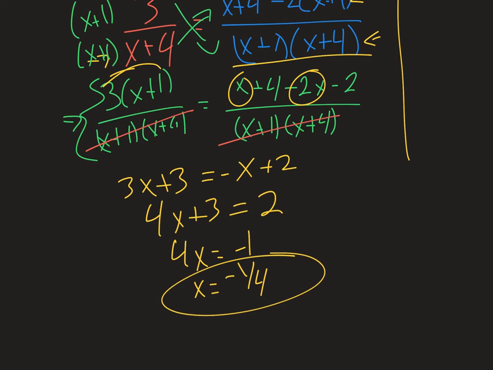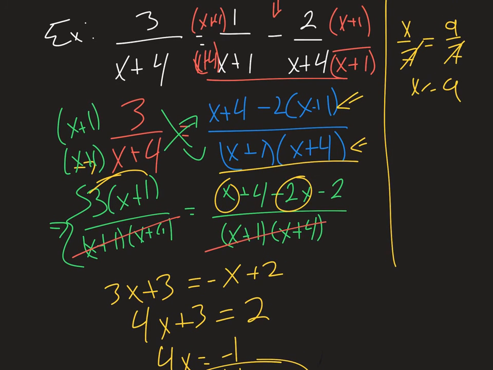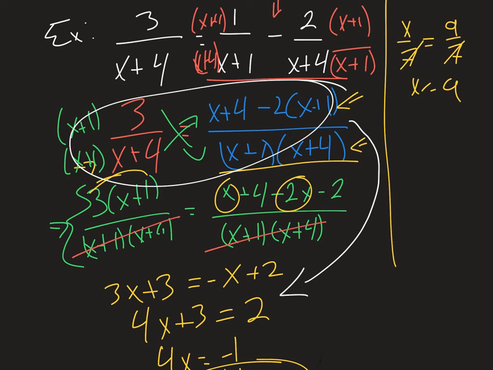So you don't always have to cross multiply, and sometimes it can save you some work to not cross multiply, like we did up here. We found a common denominator, and then in essence we can drop the denominators. So if you wanted to make the jump once you've found your common denominator from this to this, the 3x plus 3 equals negative x plus 2, you totally could.